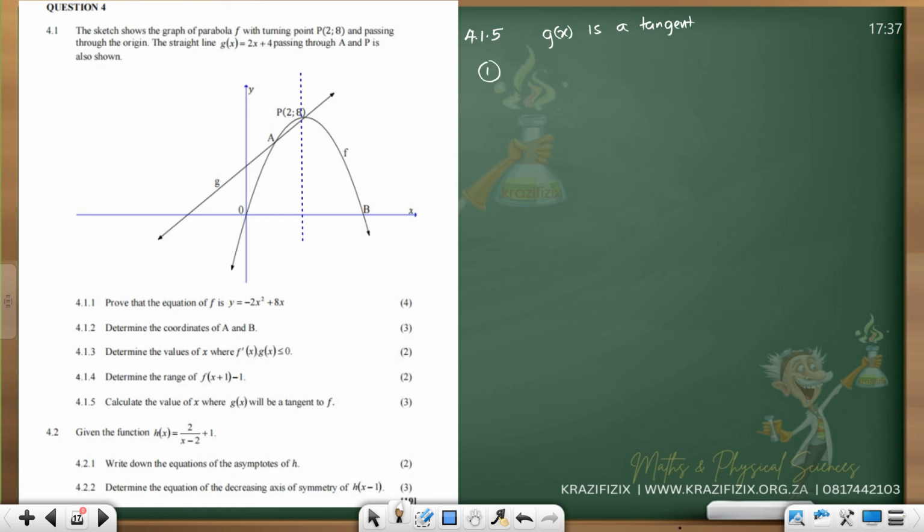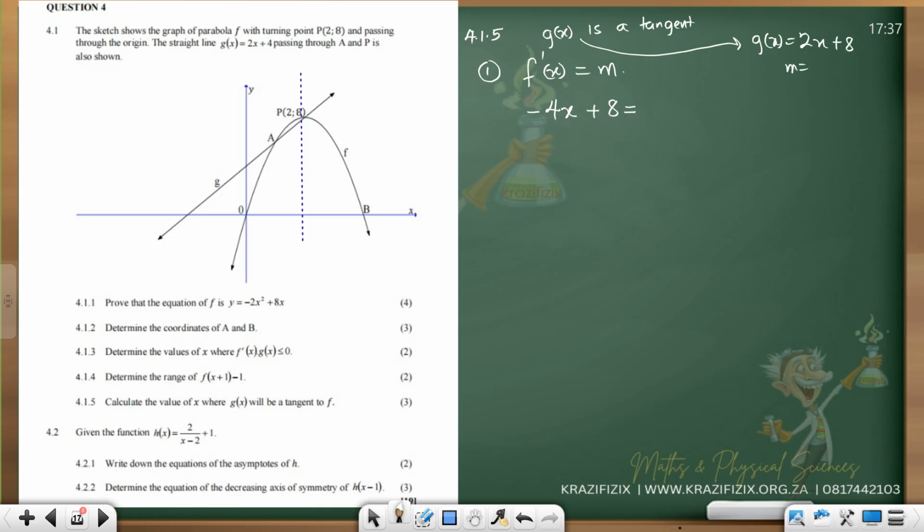Now, for a tangent, what do we know? F prime of x is equal to the gradient of the tangent. Now, what's our f prime of x? Negative 4x plus 8. Now, by the way, we do know g of x, right? 2x.